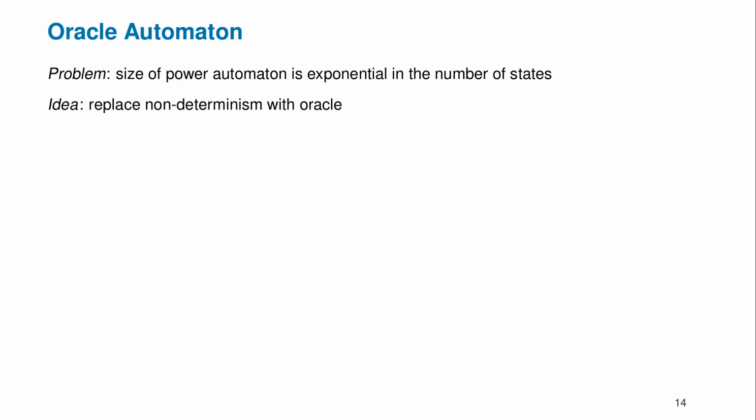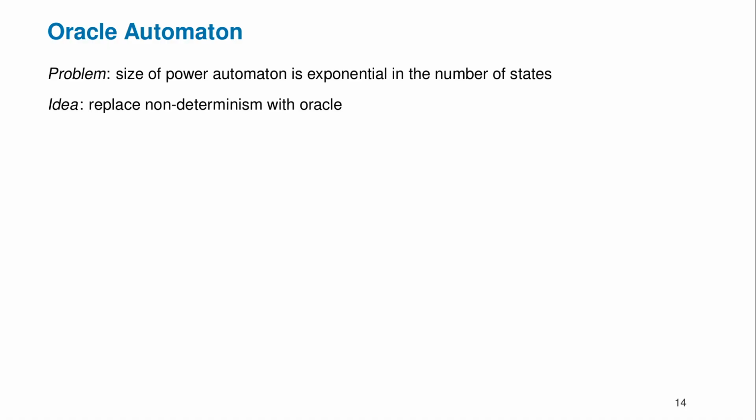There's a problem with the power automaton construction, or let's better say there is a practical limitation when using it. The power set is exponential in the size of the original set, so if the set size is n, then the power set has 2 to the power of n elements. In the worst case, all of these elements are used in the power automaton, and therefore we have an exponential blow-up.